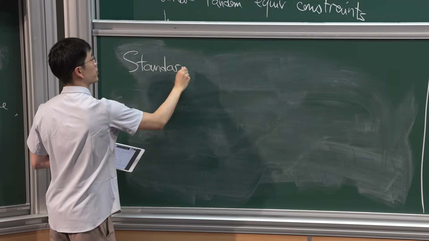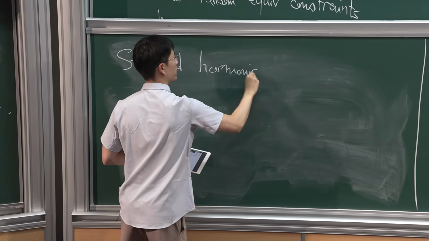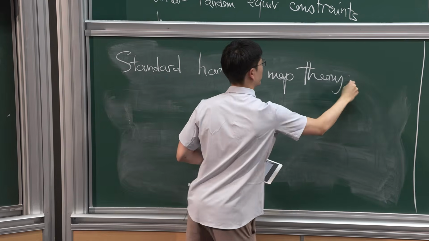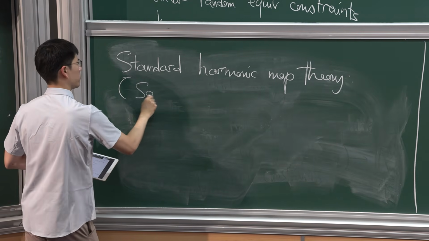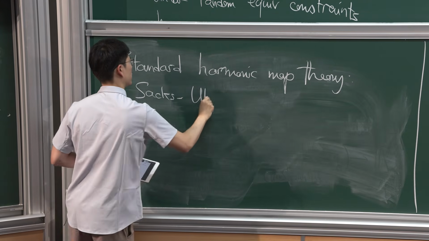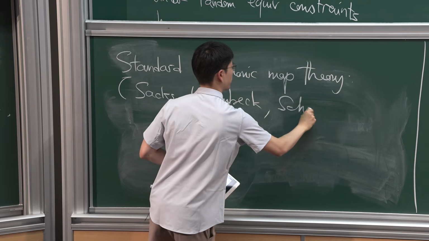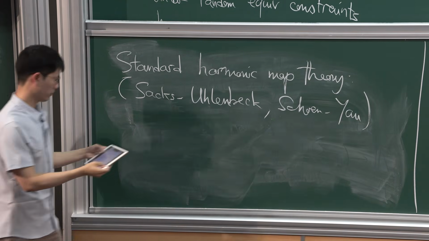In the next few lectures, I'm going to talk a bit about standard classical harmonic map theory. So it tells you the following. Sacks-Uhlenbeck, Schoen and Yau.